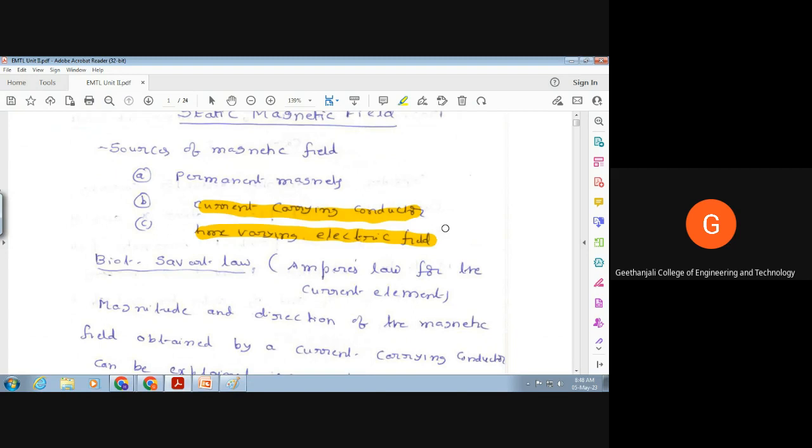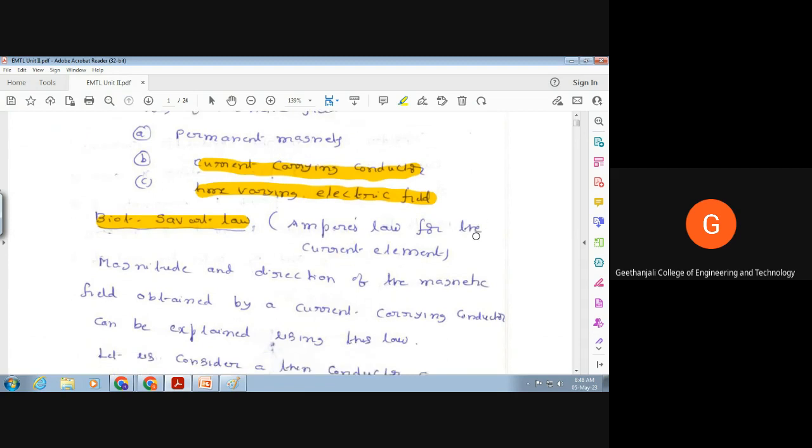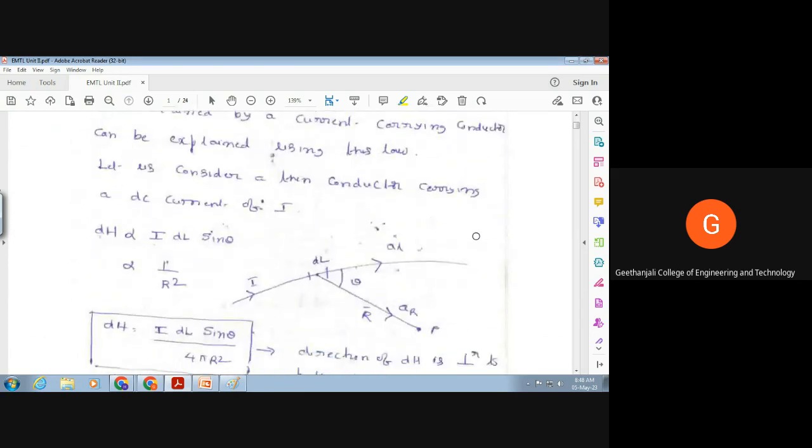The magnitude and direction of the magnetic field intensity obtained by a current carrying conductor is explained by Biot-Savart law. Biot-Savart law is also known as Ampere's law for the current element. For example, let us consider a thin conductor carrying a current of I in this particular direction.